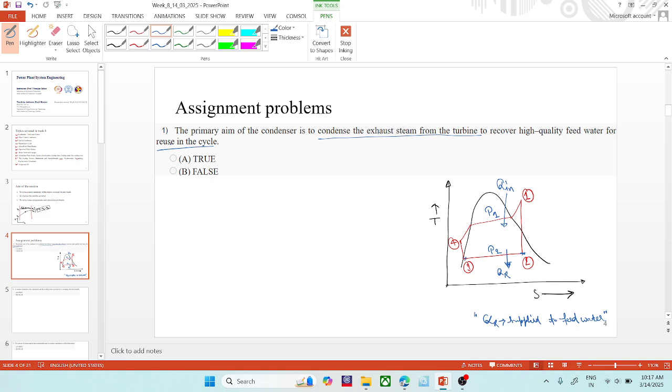So the whole statement is true. This is the same operation which is done in the condenser.